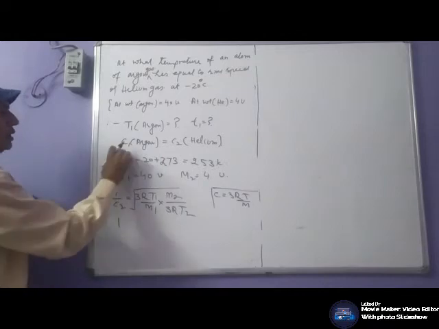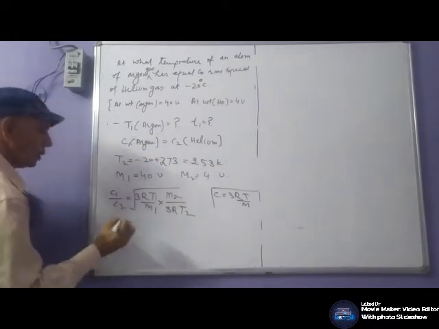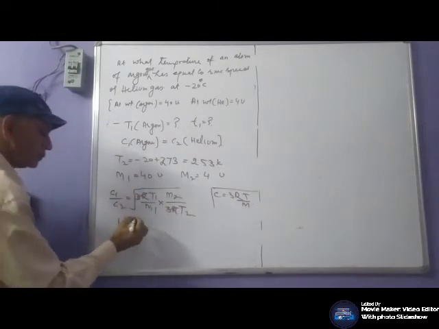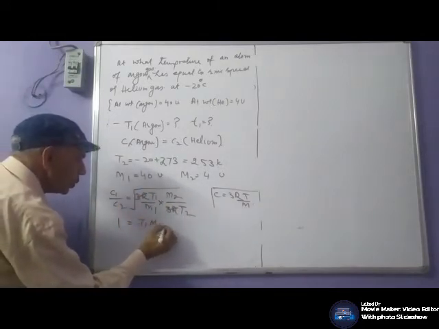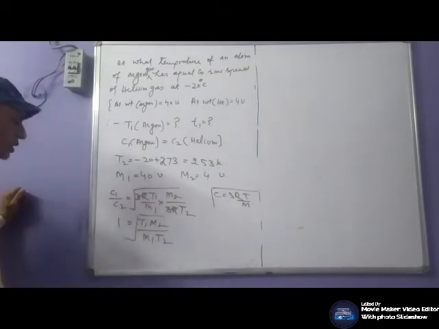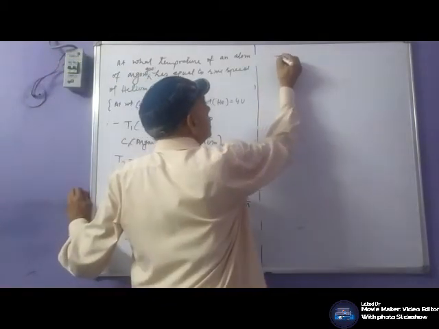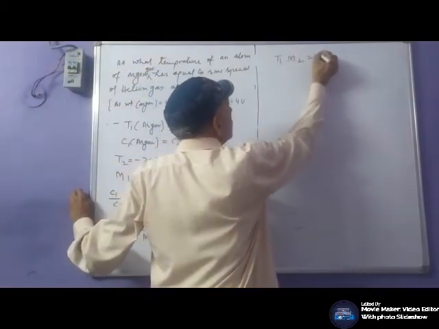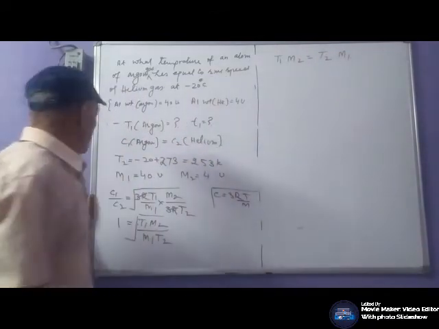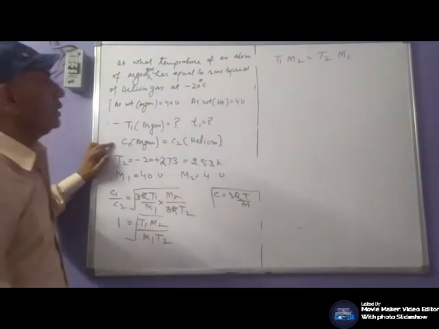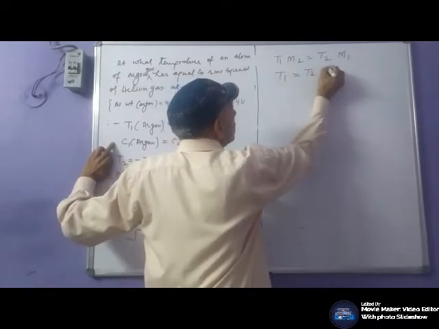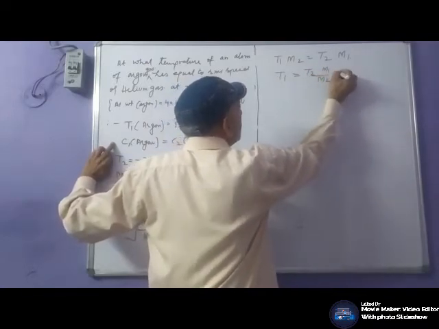Both are equal, C1 is equal to C2, so 1 is equal to root of 3RT1 M2 by M1 T2. Squaring both sides, 1 is T1 M2 by T2 M1. What we want to calculate is T1, so T1 is T2 M1 by M2.